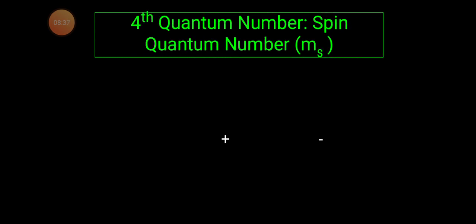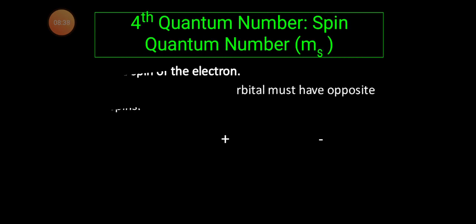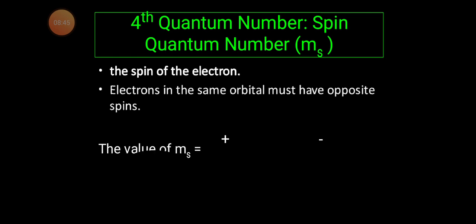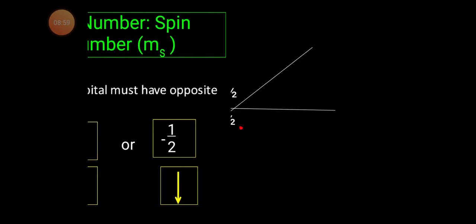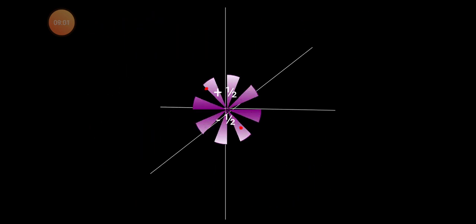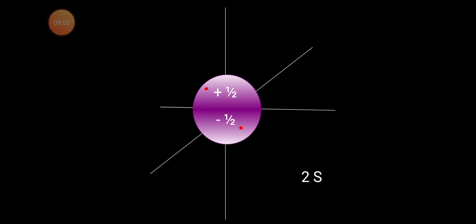Fourth quantum number is the spin quantum number, that decides the orientation of the electron, that is the spin of the electron, and electrons in the same orbital must have opposite spin. That's why there are two types of electronic spins. One is upward, that is plus half, and second is downward, that is minus half. So the spin of the electron can be represented like this.